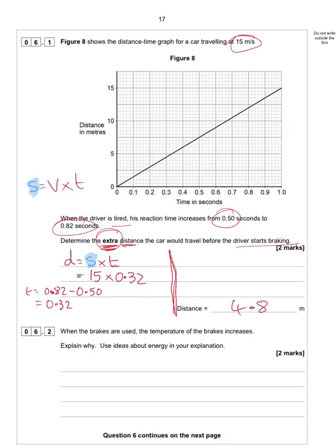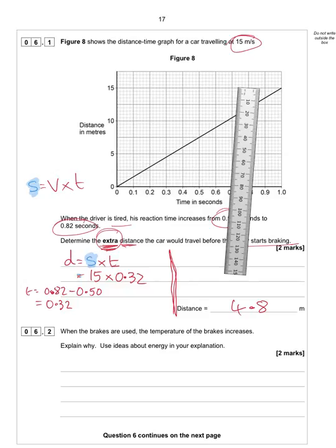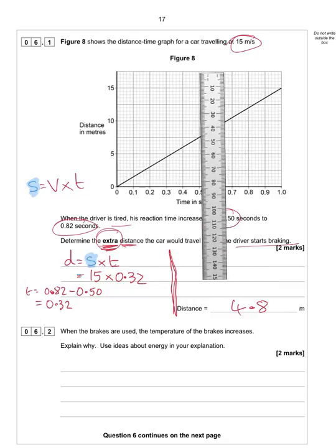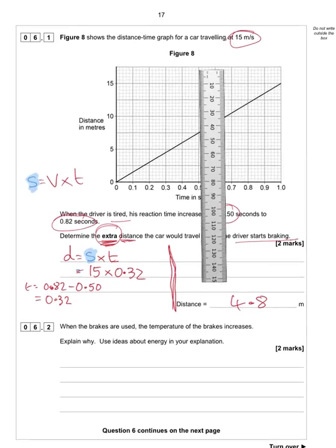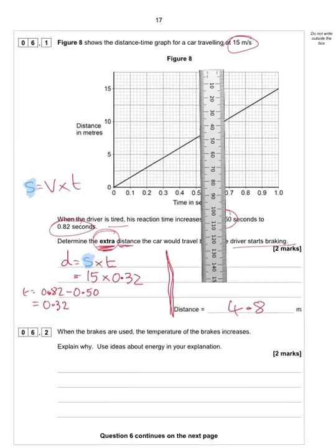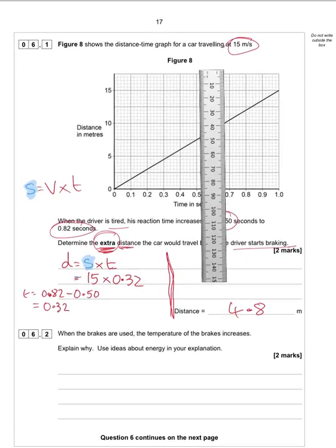Okay, equally you could do it using a graph. So get your ruler out and use it to draw lines from the 0.5. Let's get my line tool.